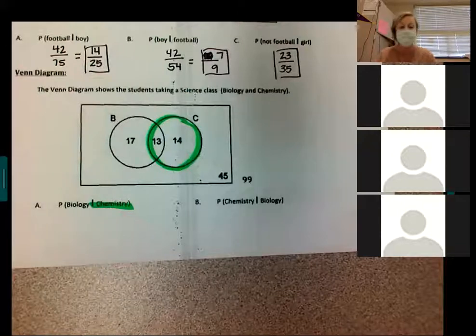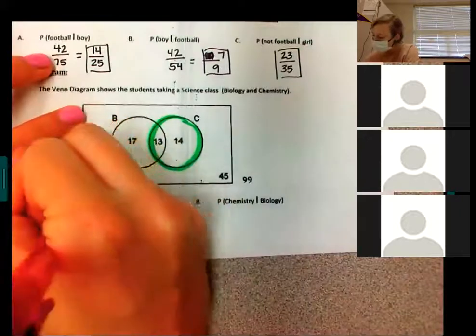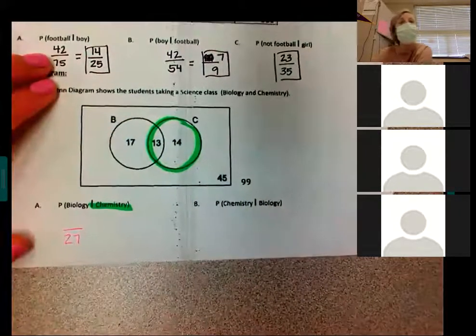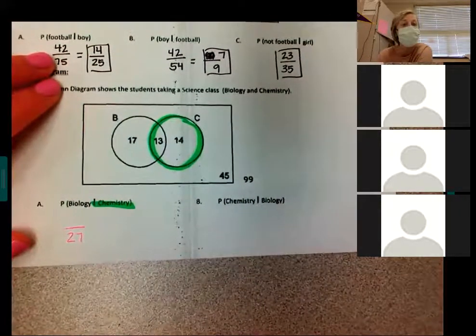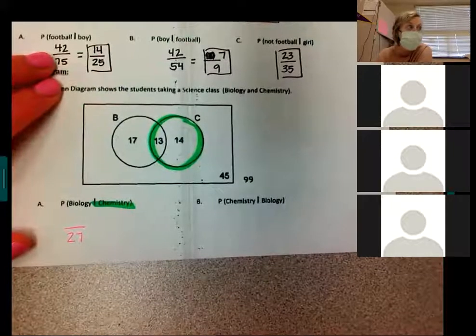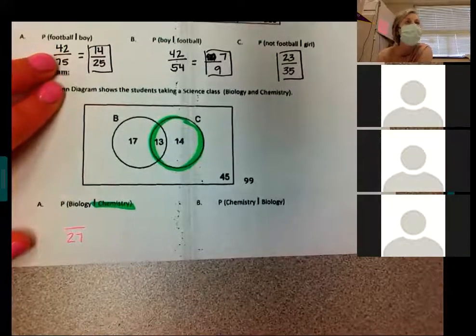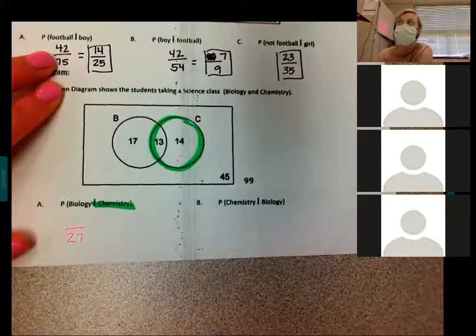I totally get that. So given they take chemistry, how many people did I circle in this green chemistry circle? 27. Very good, Keydrian. Out of these 27 people, which means I'm looking at the people where again? The green circle. Out of those people in the green, which ones also take biology?